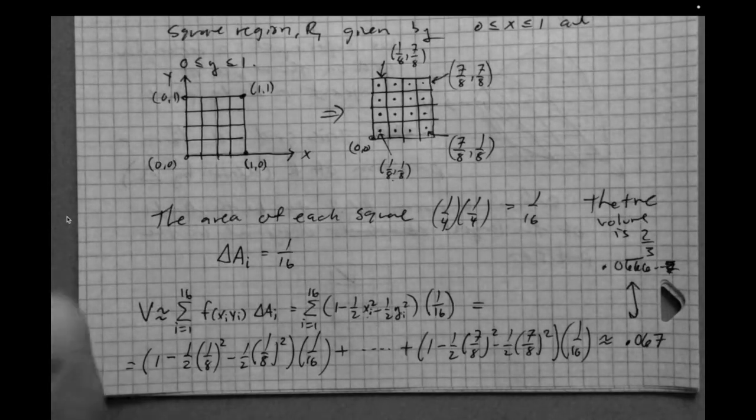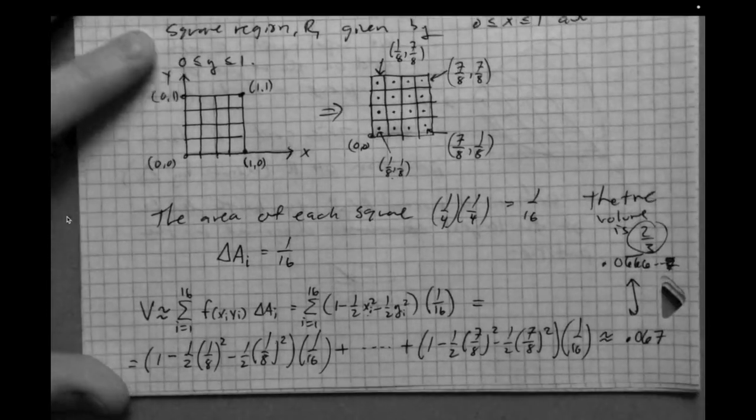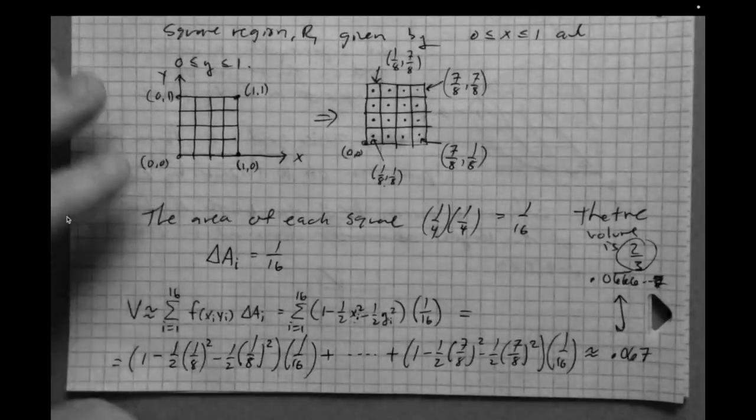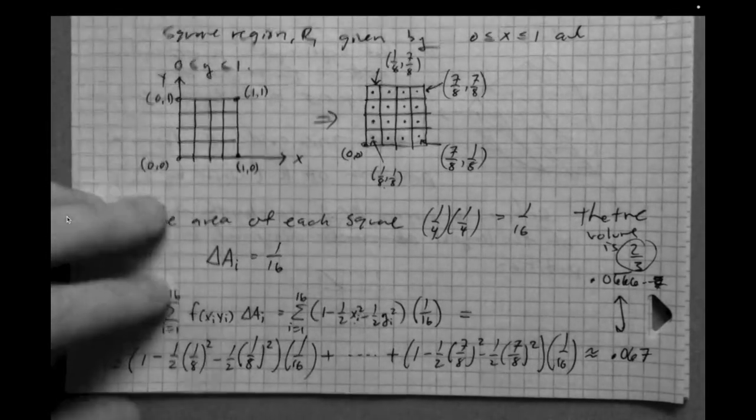We didn't take the limit, right? We just stopped at a partition of fineness 16, and that was good enough, right? But if you kept going and going, then obviously the precision would increase, and we would eventually arrive at the precise volume of 2/3. Okay, so this is how the double integral works.